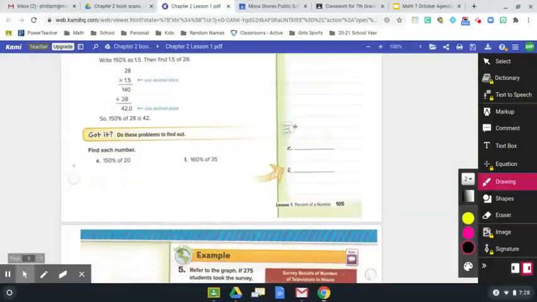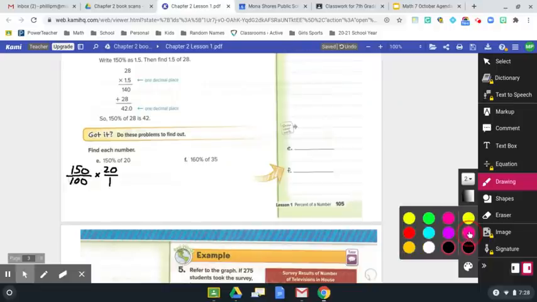We talked about taking that percent, and we know all of our percents are over 100%. So 150 over 100. Of, we talked about meant multiplication, 20. And so we also make that a fraction. I just put it as 20 over 1. And then we talked about cross-reducing here.